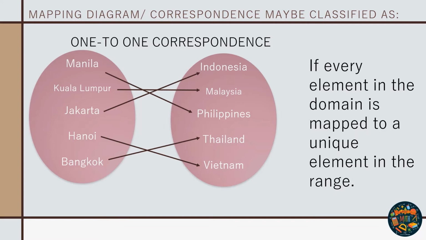The abscissa shows the capital and the ordinate shows the country. And as you can see, each capital is mapped to a unique country. Ibig sabihin, ang bawat capital na makikita natin dyan ay meron siyang corresponding country. So, that shows one-to-one correspondence.